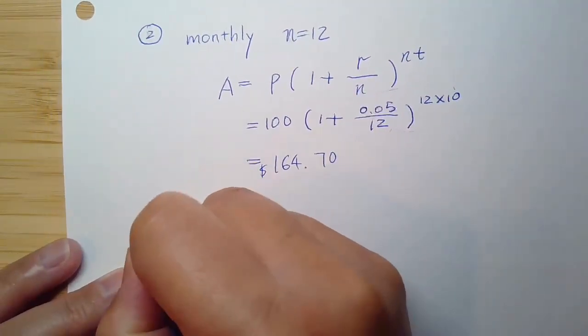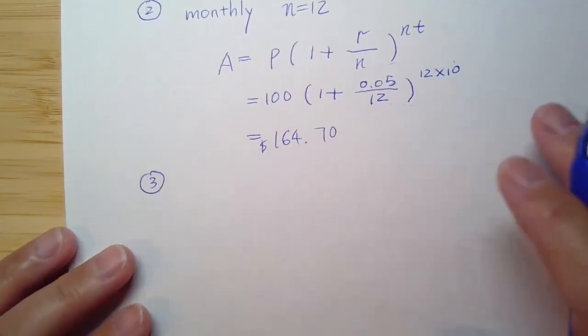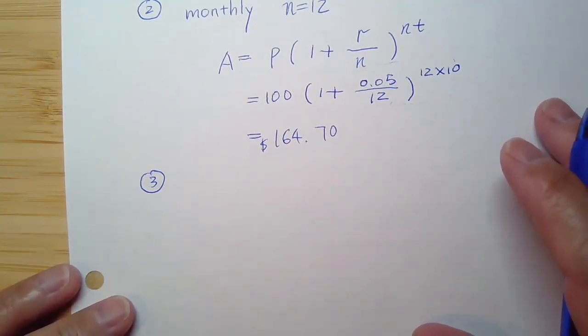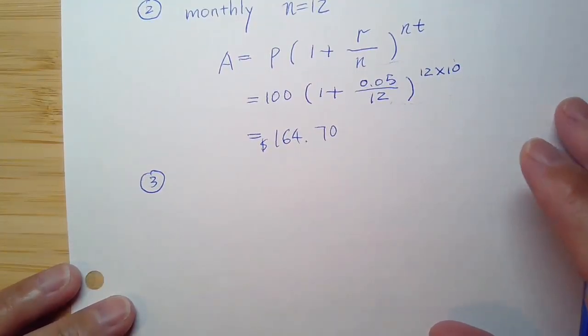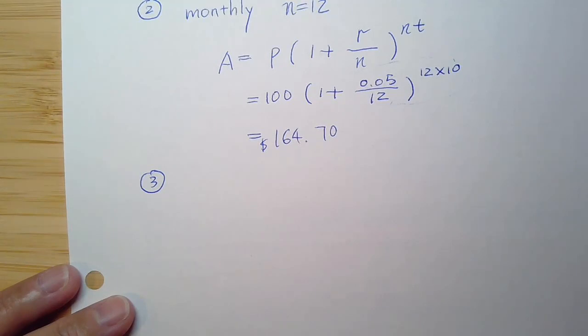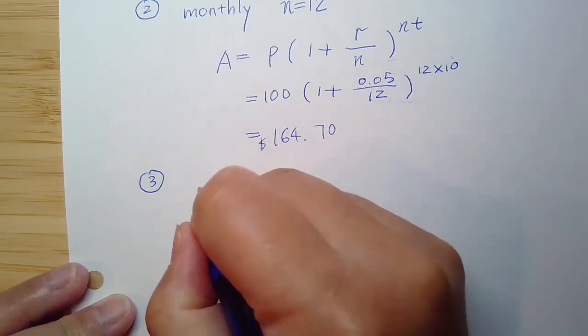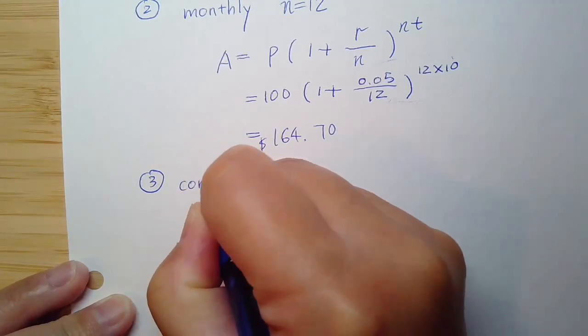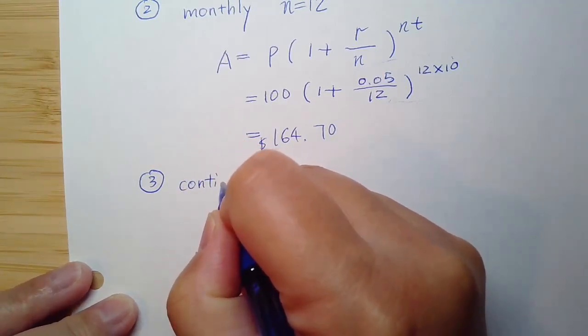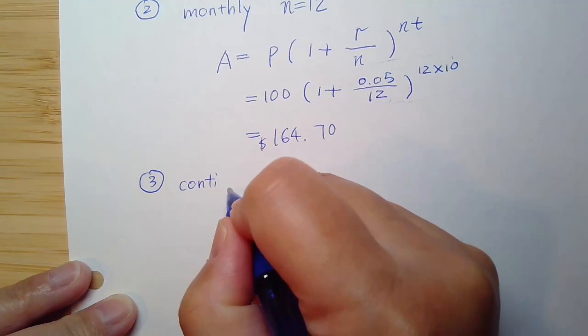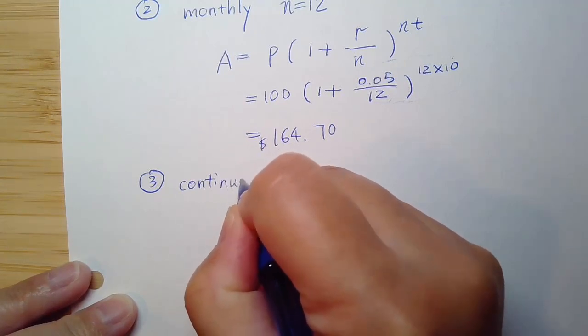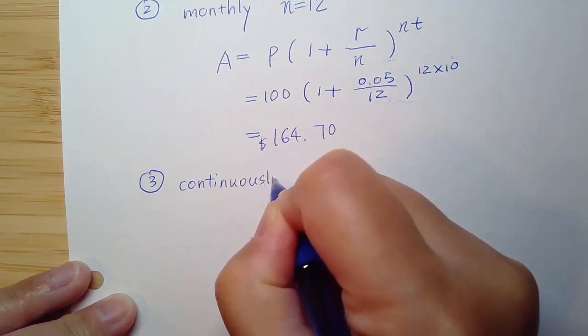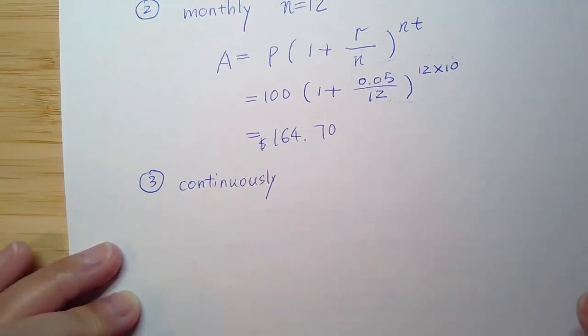All right, now number 3, the third one, is compounding continuously. And that's the best, right? That's our favorite, because every single moment, continuously, the bank will treat your interest as principal.